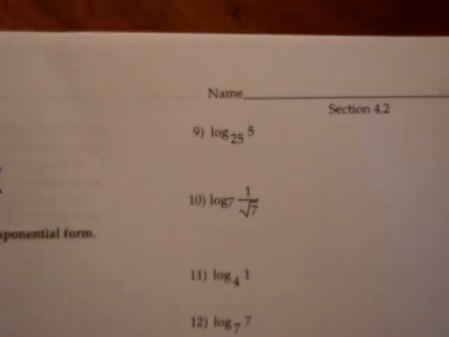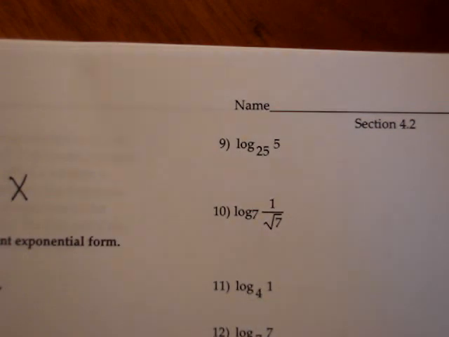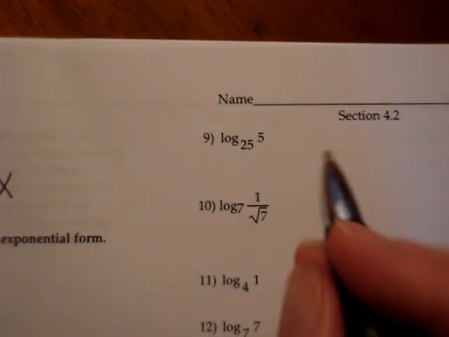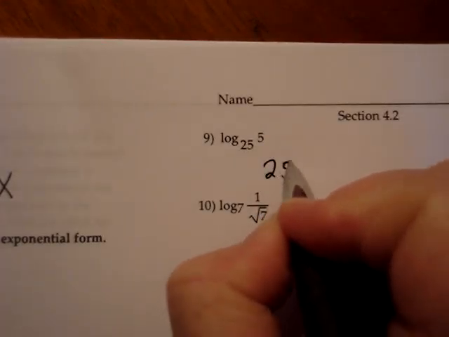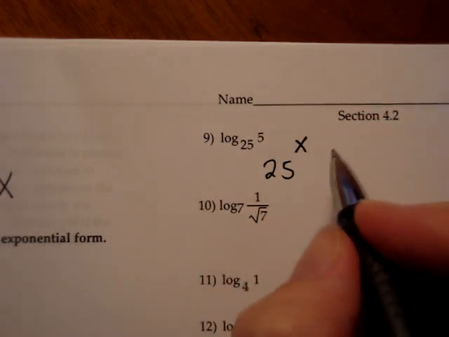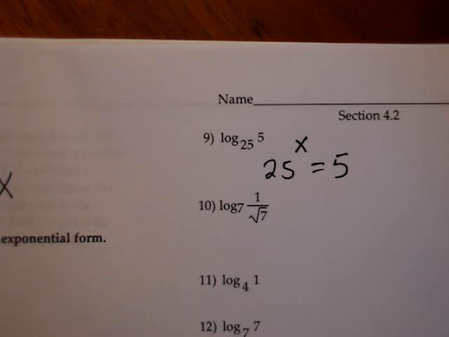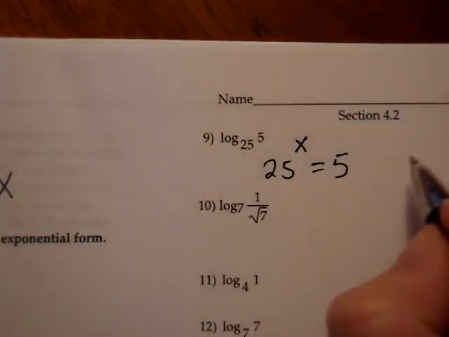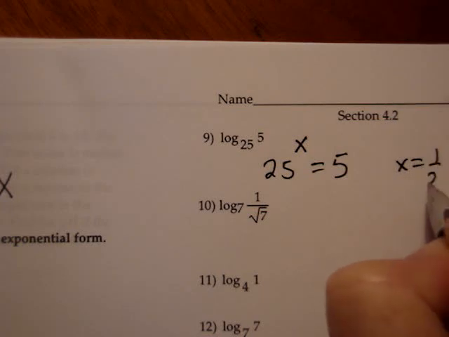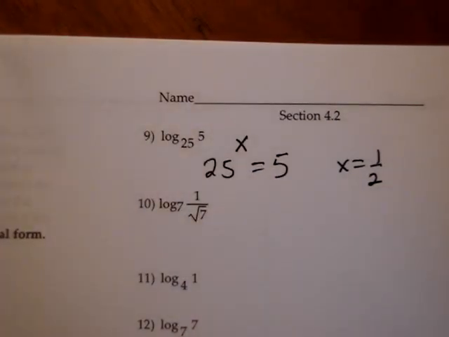Let's see. Number 9. If I have a base of 25, what exponent did I put on 25 to get 5? Well, what did I do to 25 to get 5? I took the square root. So my exponent must be 1/2. Okay. All right, let's do it again.